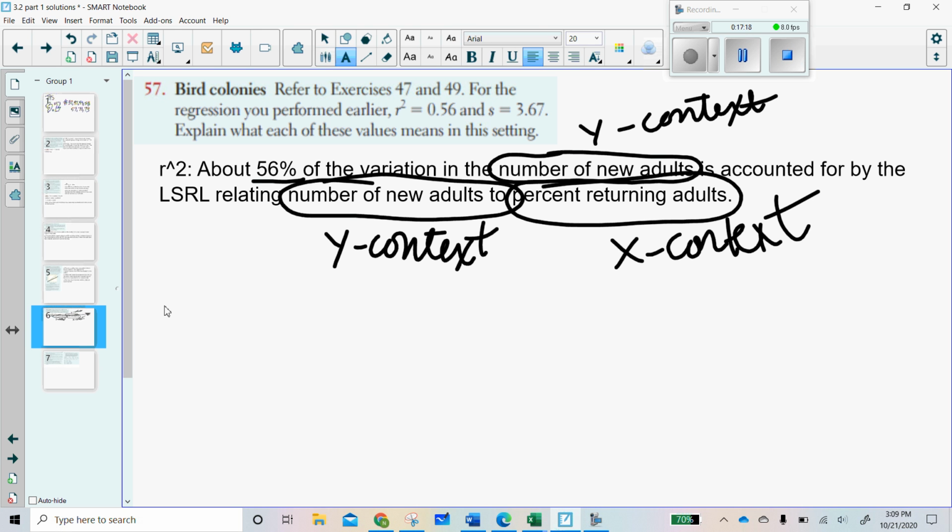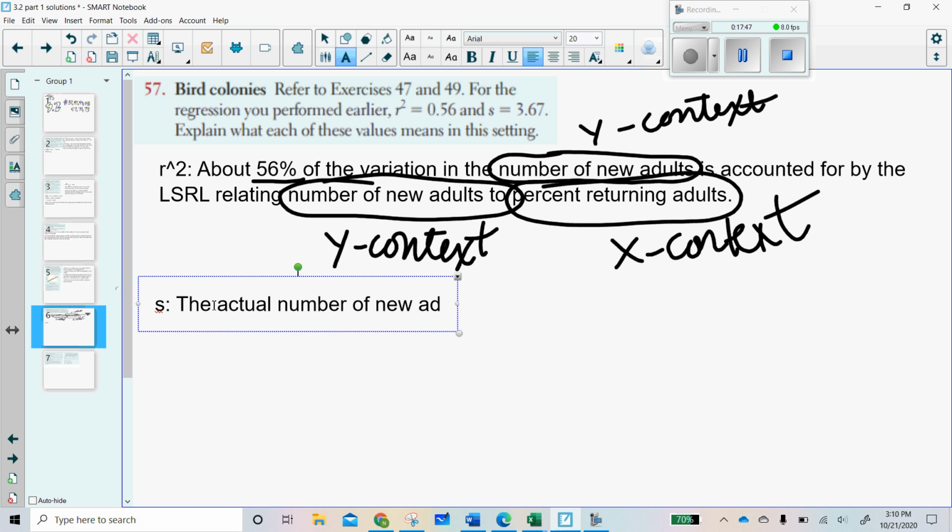S is kind of similar. As far as having a script, let me look at my script real quick. Your book had a slightly different script than what I have, but it is really similar. So the y context is the number of new adults.